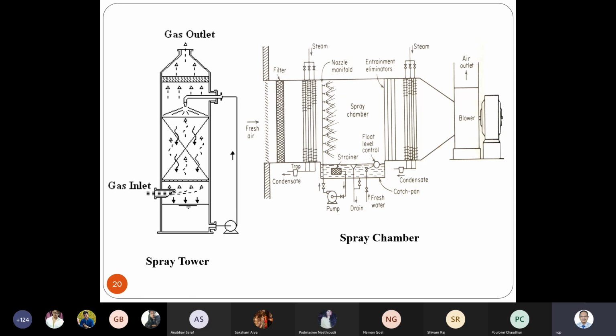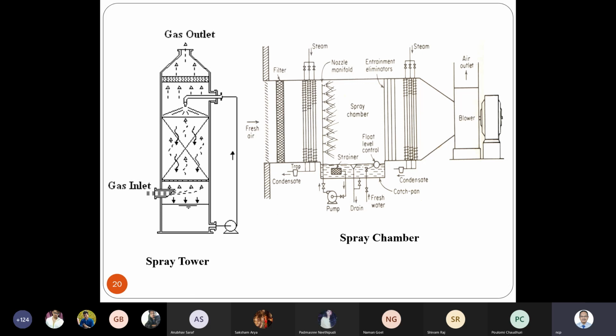So we preheat, and then humidification takes place, and due to humidification the temperature will drop. Then you have to reheat again. So after the mist eliminator, you have to reheat. Then you will get the conditioned air of desired humidity and temperature, and that will be sent to the conditioned space where it is required. So the air outlet will go like that.